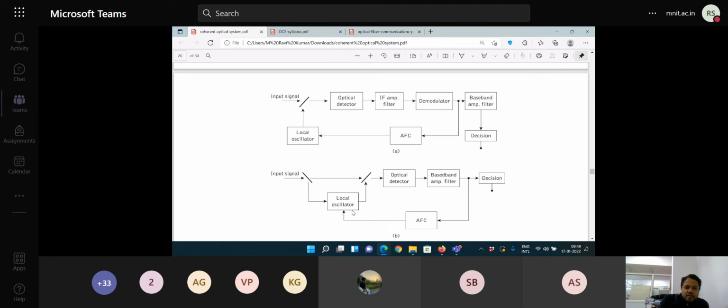So here it's a similar thing, except here the local oscillator is also detecting what is the wavelength which is coming in, and accordingly it sends the same wavelength to the detector.